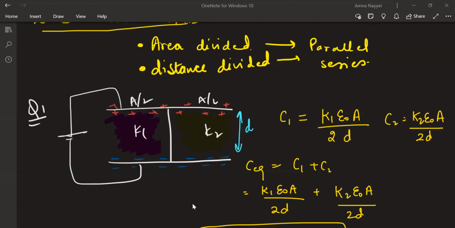Ma'am, what is K1 and K2? Dielectric constant. We write the formula of capacitance, no?